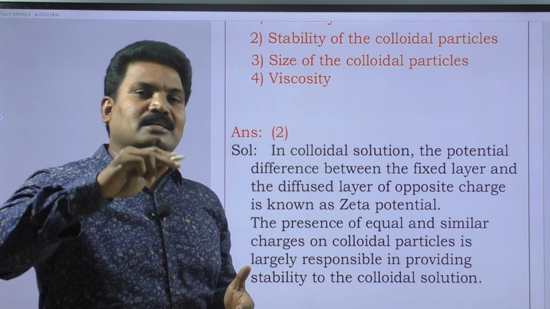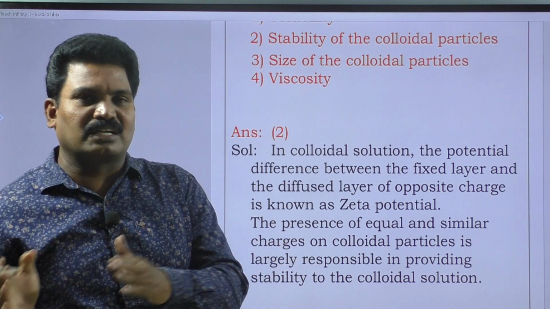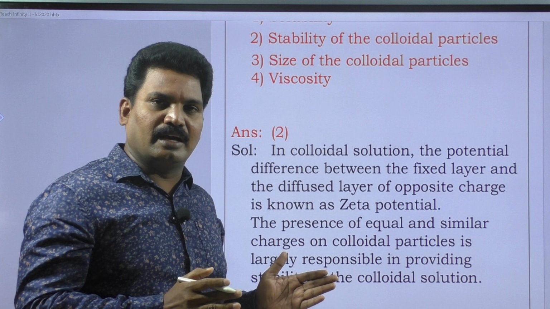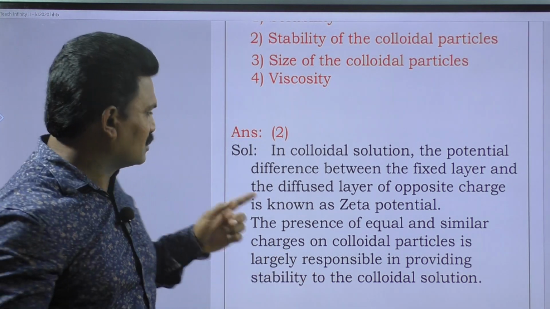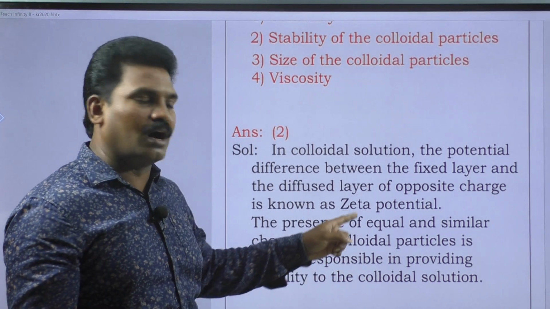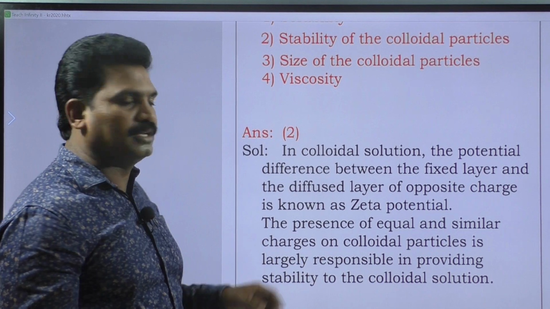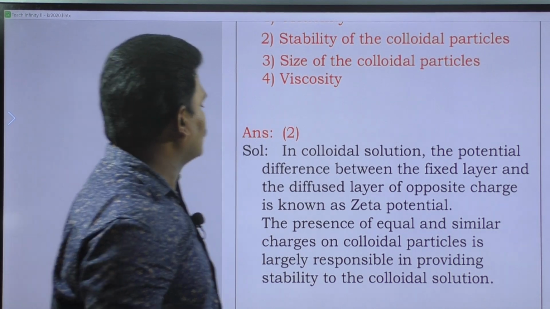That negative layer is surrounded by counter ions, which is the diffuse layer. The potential difference between the diffuse layer and the fixed layer is called zeta potential. The presence of equal and similar charges on colloid particles is largely responsible for the stability of the colloidal solution. So the answer is the second option.